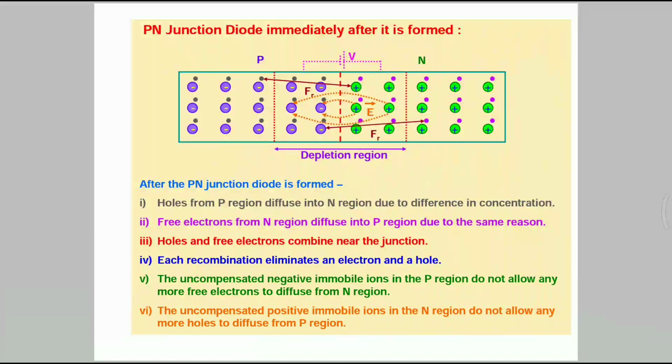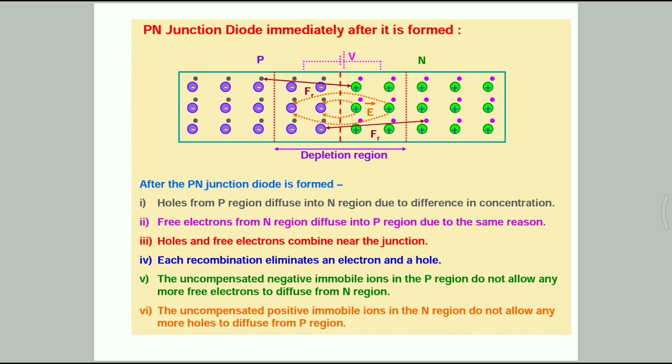So after the PN junction diode is formed, holes from the P region diffuse into the N region due to the difference in concentration. Free electrons from the N region diffuse into the P region for the same reason. Holes and free electrons combine near the junction. Each recombination eliminates an electron and a hole.